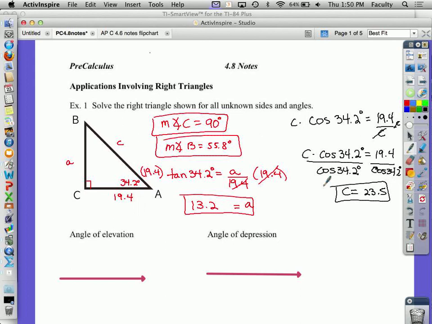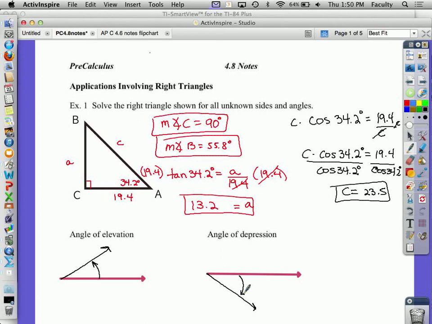All right, definitions. An angle of elevation is from a horizontal line looking up, but it has to be from a horizontal line, because we kind of messed this up earlier this year. An angle of depression is from a horizontal line looking down.